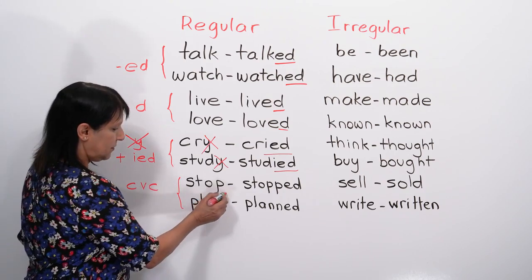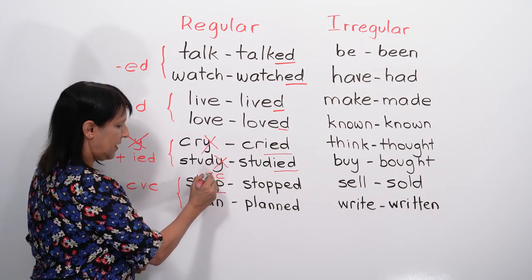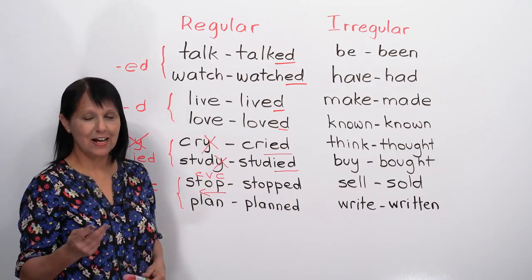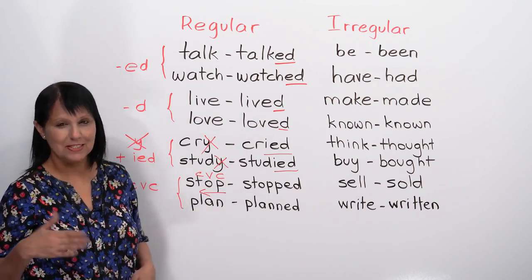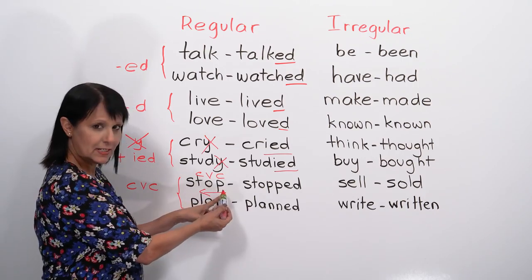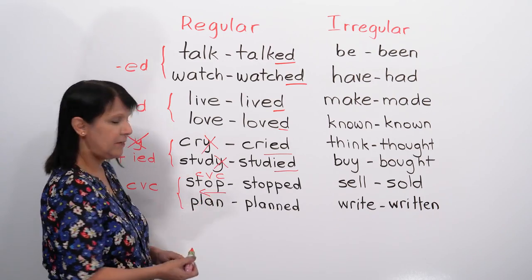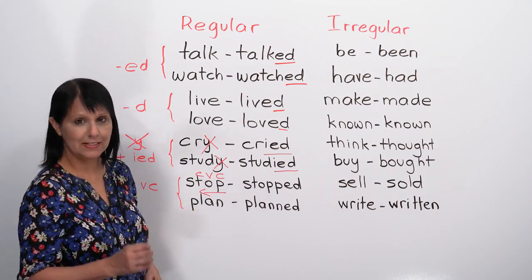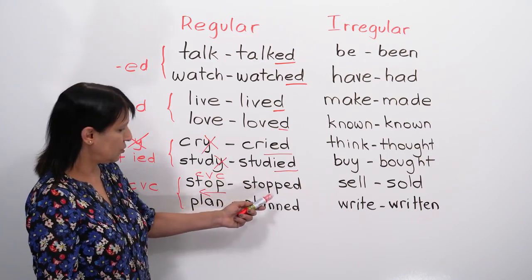And sometimes we have a verb which has this kind of pattern. When you look at the verb from the end, it has consonant, vowel, consonant. A vowel in English is A, E, I, O, or U, and a consonant is every other letter besides the vowels. So, if you see a consonant, then a vowel, and then a consonant, very often, and most of the time, we need to double the last letter. For example, stop, stopped.